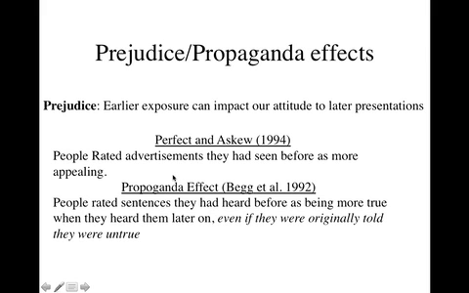Even if one does not remember having seen an advertisement before, often that will lead to that advertisement being viewed more favorably. And this is not going to be just for advertisements. It could be for anything, a product, an object, even a person that one has some familiarity with. Even if one doesn't remember having seen that person, it's still going to boost that subjective positivity.